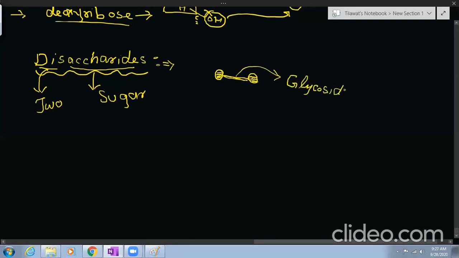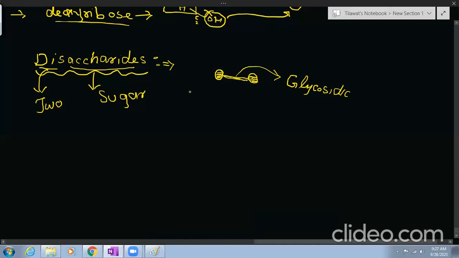Through glycosidic bonds, two monosaccharides will combine together and they will form what? Disaccharide. Is it clear? As compared to monosaccharides, this is less soluble and less sweet.